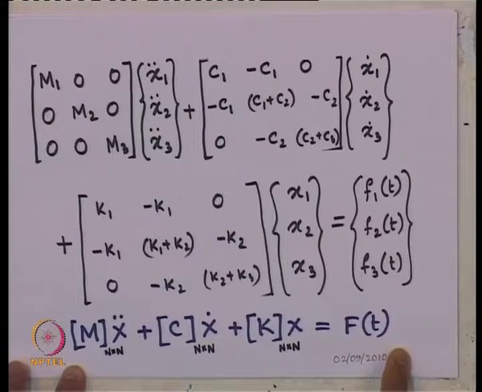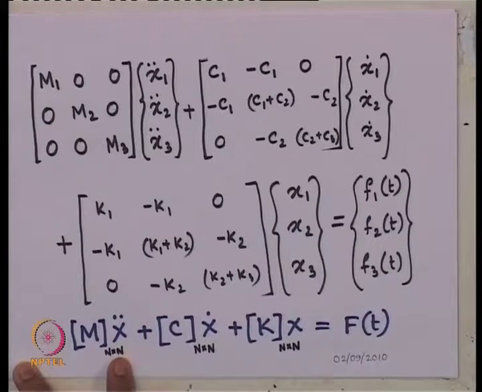So, which is nothing but same as what we had studied for a single degree of freedom system. So, equation of motion remains same, only difference is instead of these values being single numbered, now these are matrices or vectors, and the size of the matrix or the size of vector depends on how many degrees of freedom we are considering.